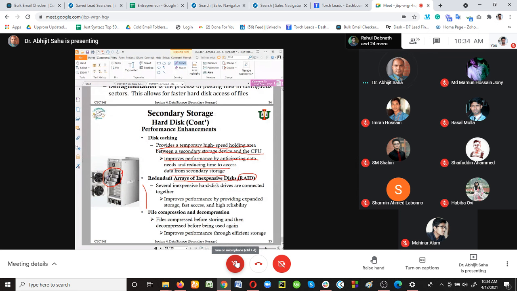Especially for this type of hard disk, you do not need it at your home or your office. This type of RAID technology is really needed if you have servers for your organization, because the servers are going to be active 24/7, 24 hours, 7 days.